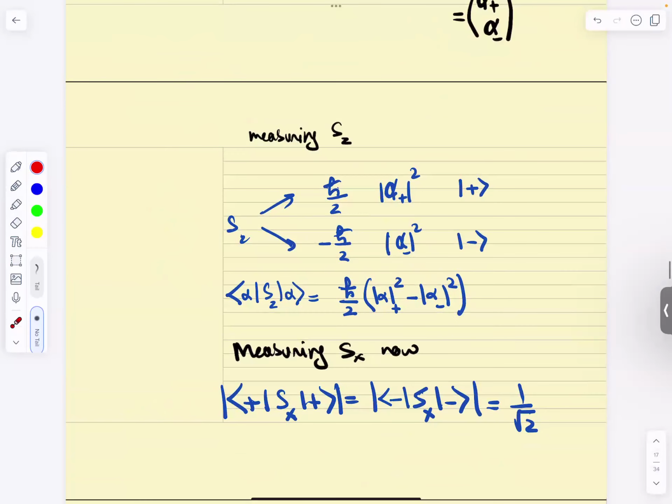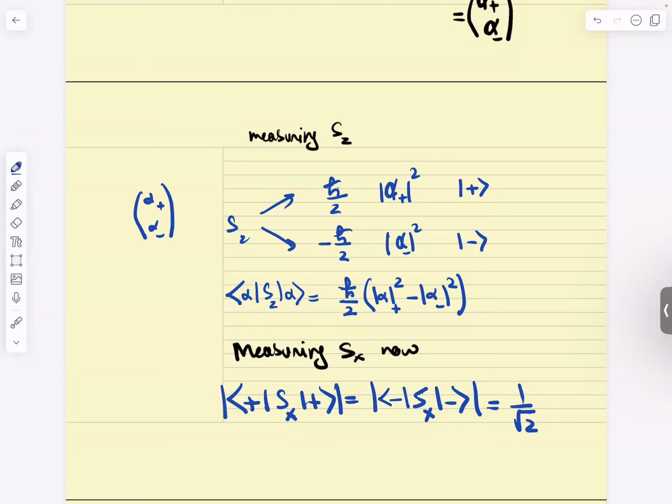Let's work out an example. I've said this, but I want to repeat it just to make sure it clicks. I'm measuring S_z. My initial state is alpha plus, alpha minus. I'm just using a different notation so that there are no mysteries.